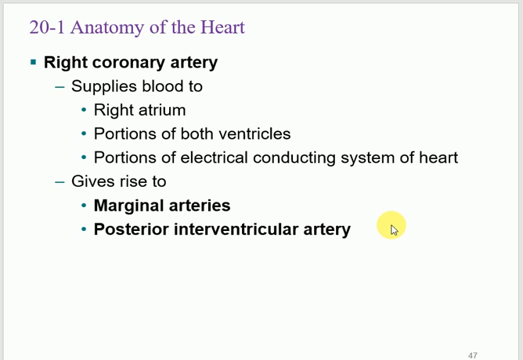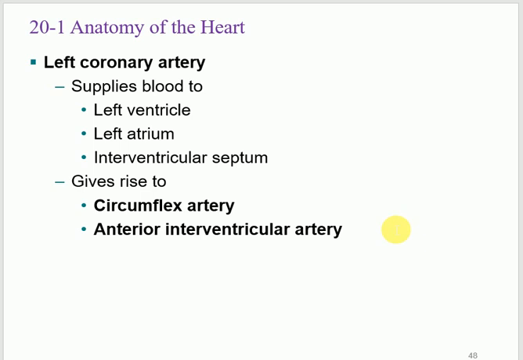Right gives you marginal, and the rest will go backward and become posterior interventricular. And the left will give you circumflex and anterior interventricular. What feeds what? That can be too much. Just generally speaking, let's say the right coronary feeds the right side of the heart. This is not perfect, okay, but that's okay. Mainly, the right coronary artery feeds the right side, left coronary feeds the left side. Okay, there are some exceptions, but that's good enough.